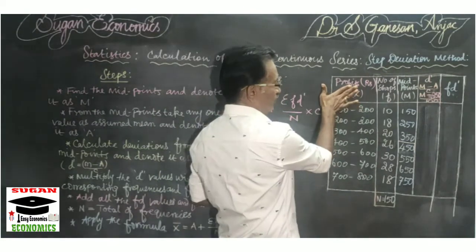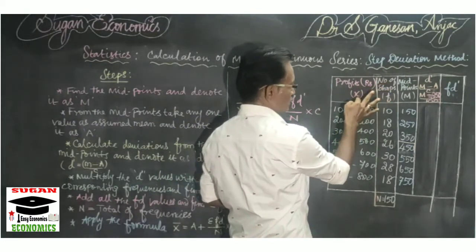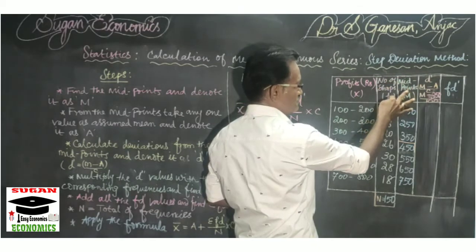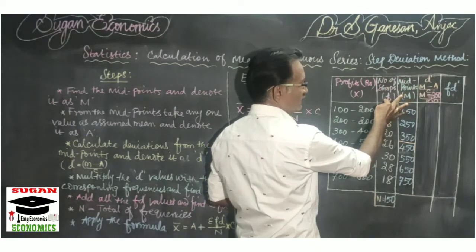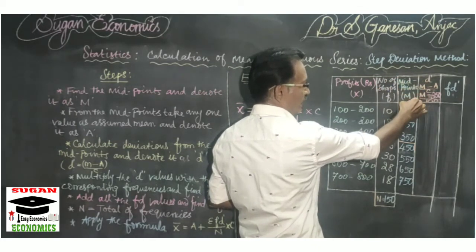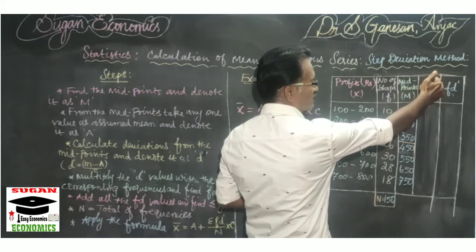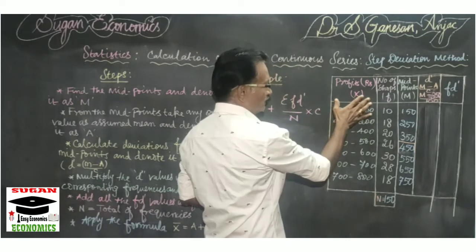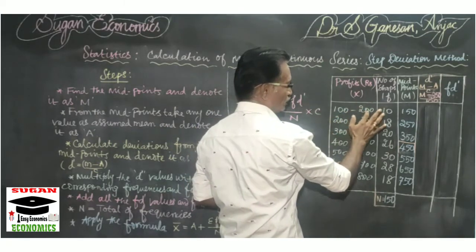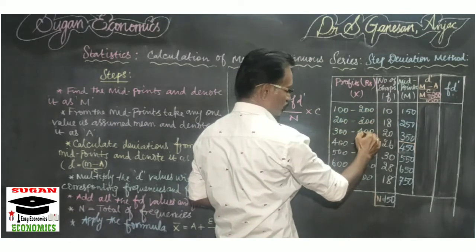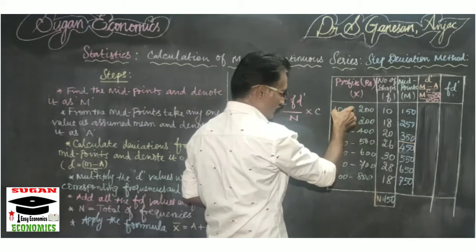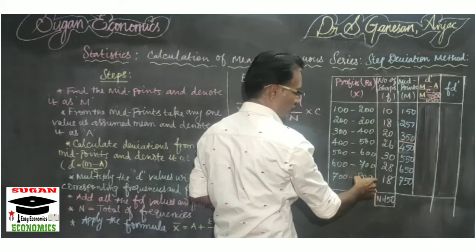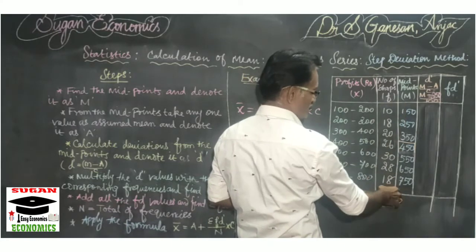Here profits, given in rupees, are taken as x, and number of shops is taken as f. Now we have to find the midpoints, then d dash, then f d dash. Here the profits are 100 to 200, 200 to 300, 300 to 400, up to 700 to 800. These are the lower limit values and the upper limit values, and these are the frequencies.